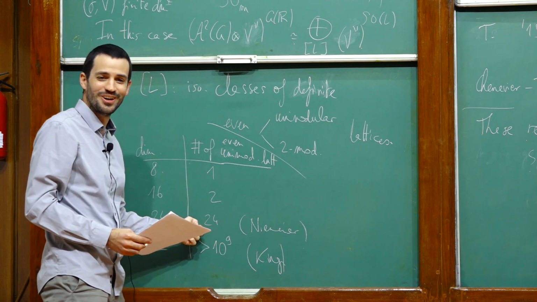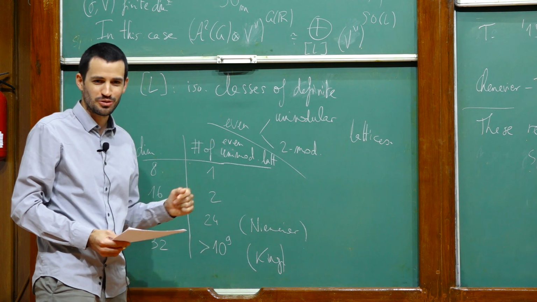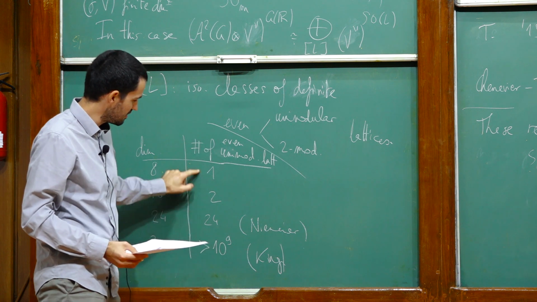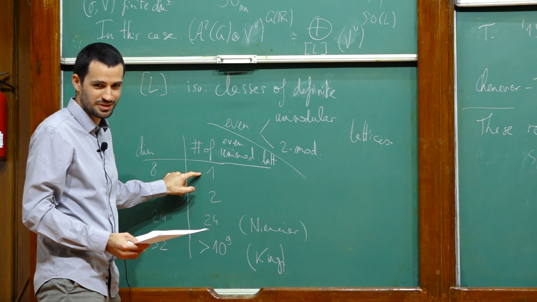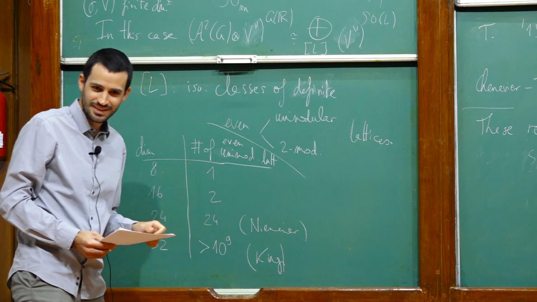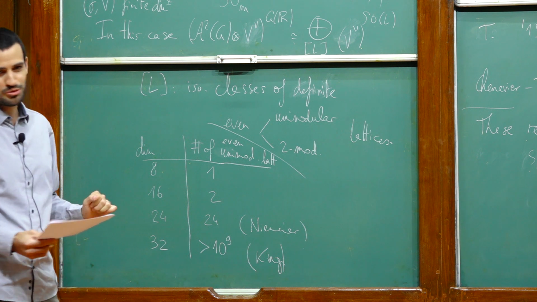Here no. There are some heuristics for large dimension, but none of these have trivial automorphism groups here. So far from it. In dimension 32 as well.